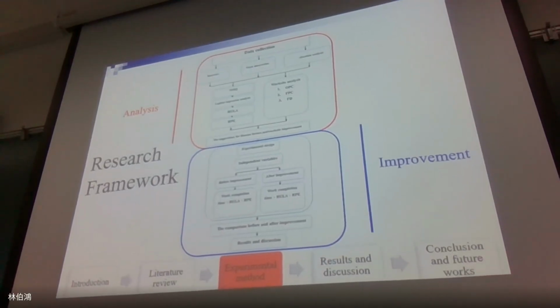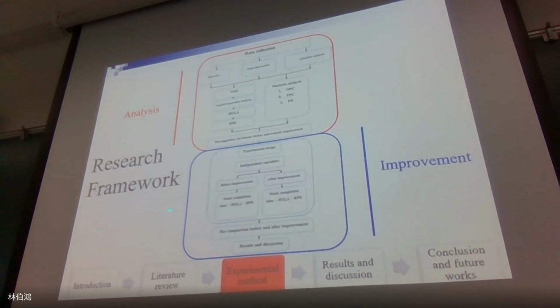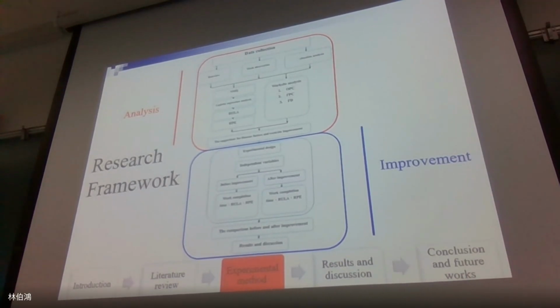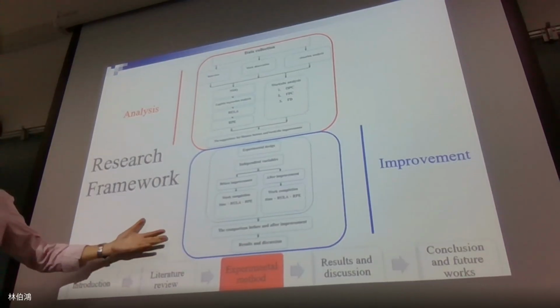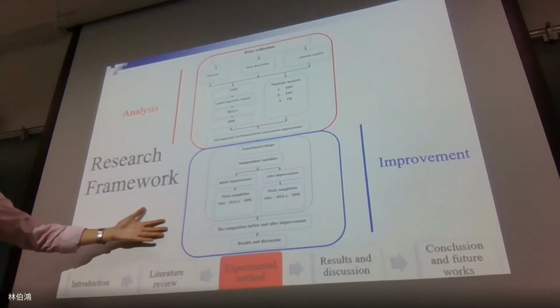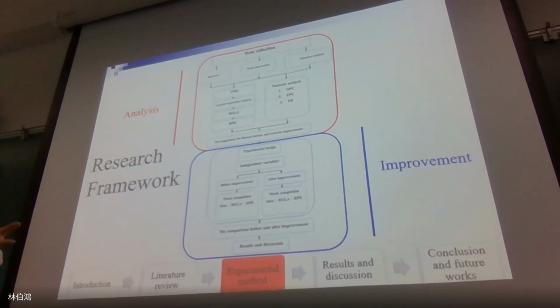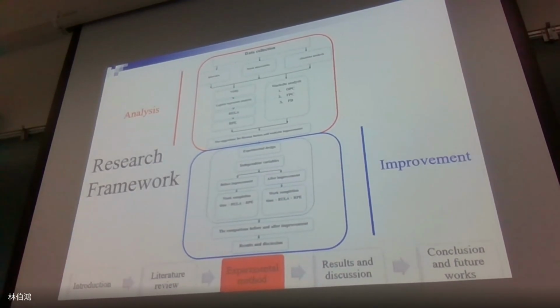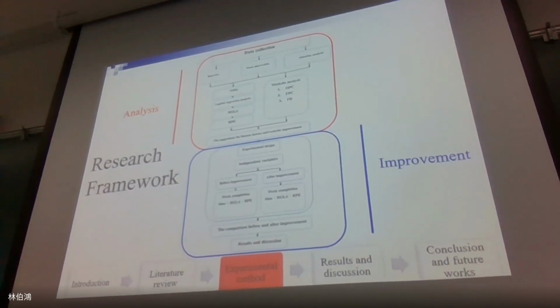So this is the research framework. I have also submitted a journal paper to the National Journal of Industrial Economics. Right now it's under revision, so I think maybe it will be accepted soon.